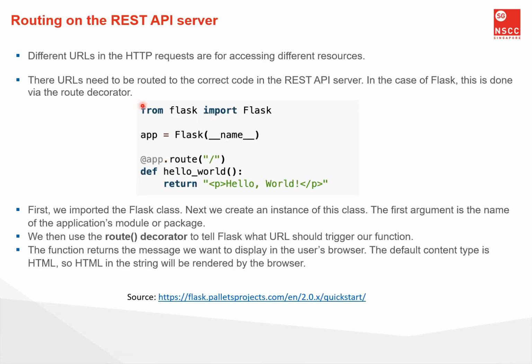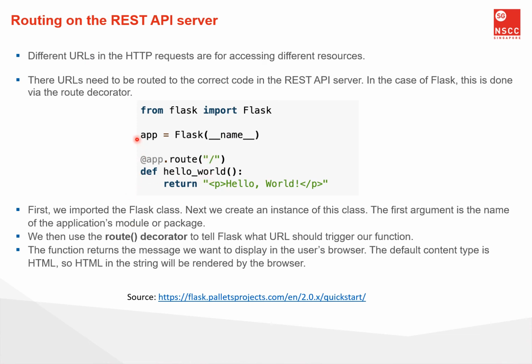Now at the receiving end on the Flask server, you can put in things like this app route, which is a decorator that tells the server that whenever it gets a request for slash, it should call this function. So this route is a mechanism in Python to associate a particular URL with a particular function call.